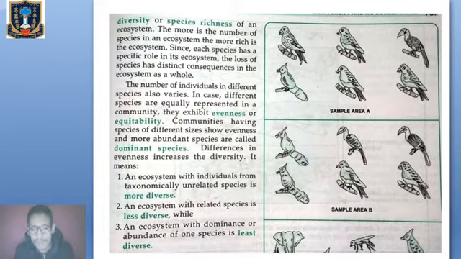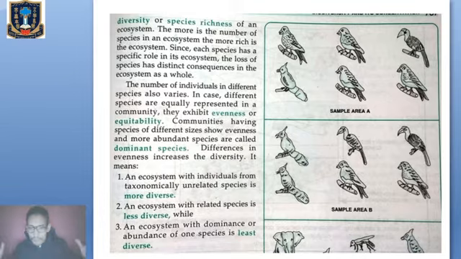So differences in evenness increase the diversity. When there are differences in the evenness, when there is no equitability of the species in a habitat or in a community, then there will be an increase in the species richness, or an increase in the diversity. It's very important, listen very carefully: it means an ecosystem with individuals from taxonomically unrelated species.